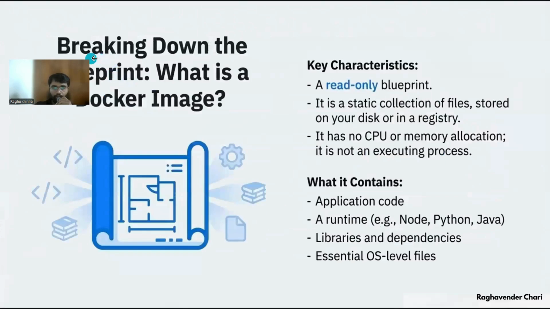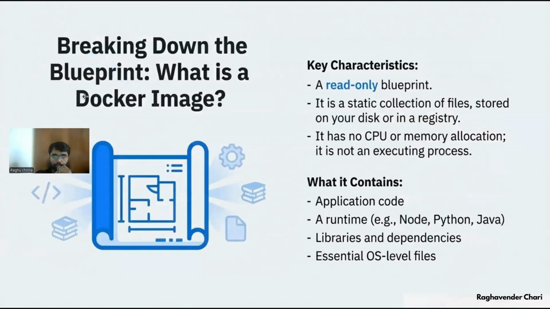So here are the points we have. For simple understanding, what is a Docker image? A read-only blueprint. It is a static collection of files stored on your disk or in a registry. It has no CPU or memory allocation. It is not an executing process.